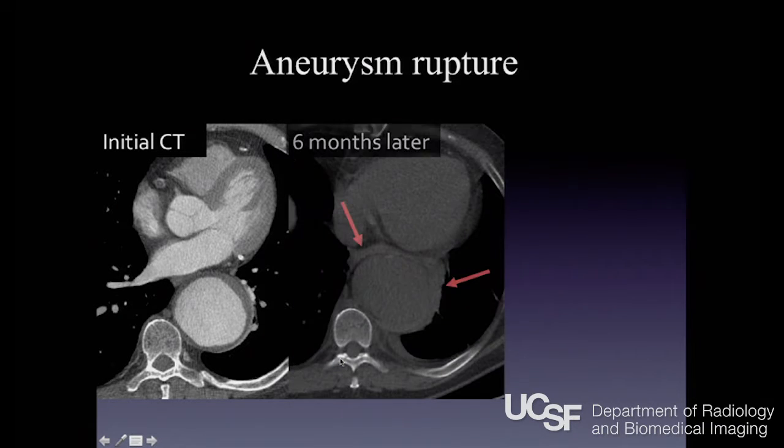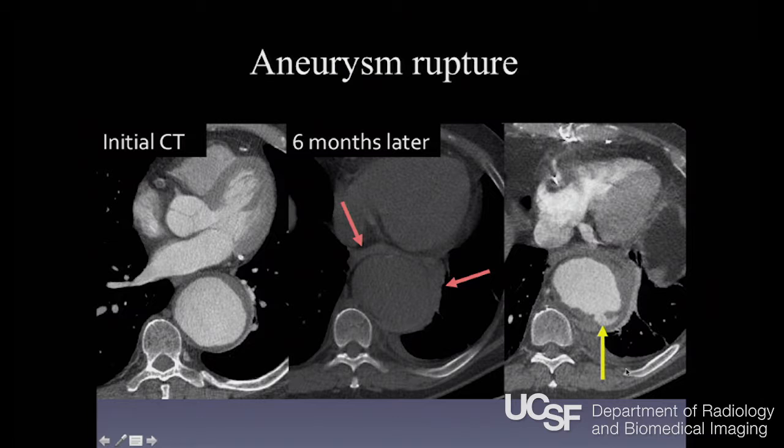The patient comes back with acute symptoms, has some periaortic soft tissue, which when you put Hounsfield unit measurements on it was in the range of about 40 to 55, so in the range of blood. And you can see this little finger-like projection, which you usually associate with a penetrating ulcer, but in this case was a localized site of rupture that was relatively contained, with only a little bit of periaortic hematoma.